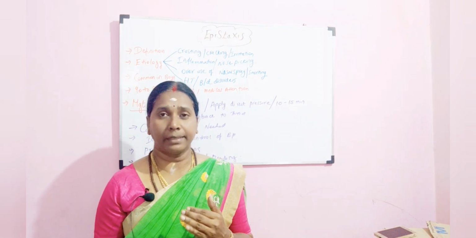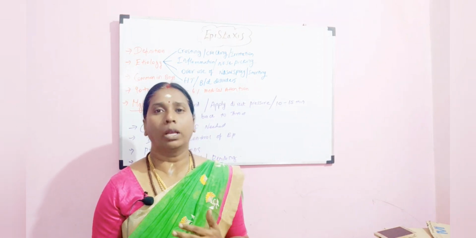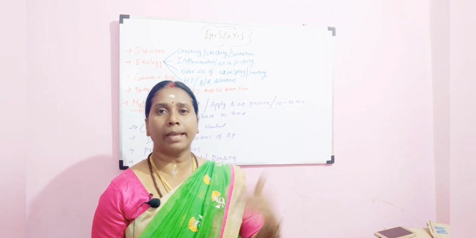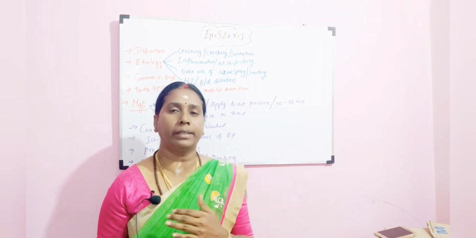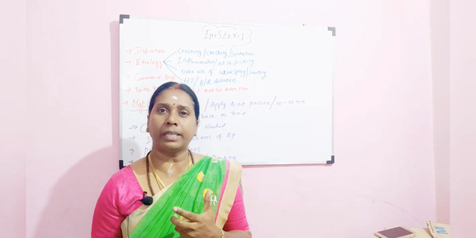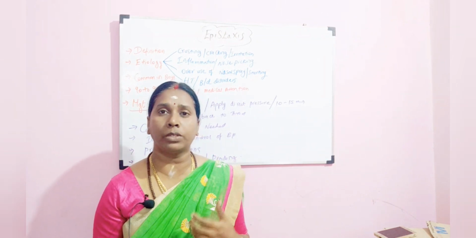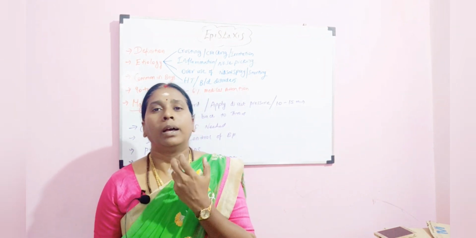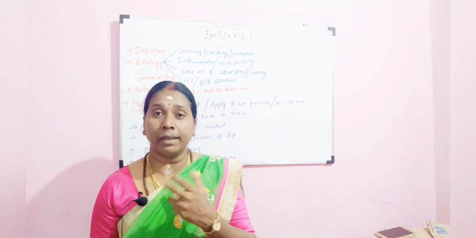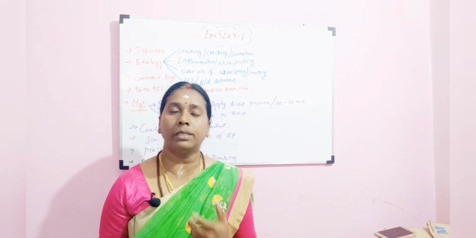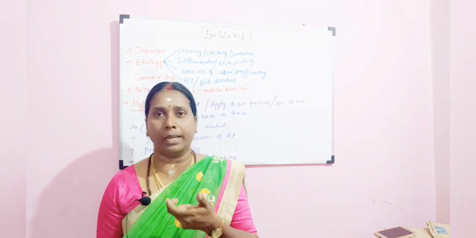Epistaxis is very common in boys, usually boys around the age of puberty. With their physical maturity, they have voice modulation and other changes, and when there is an increase in their hormonal levels, it can cause dryness and bleeding.